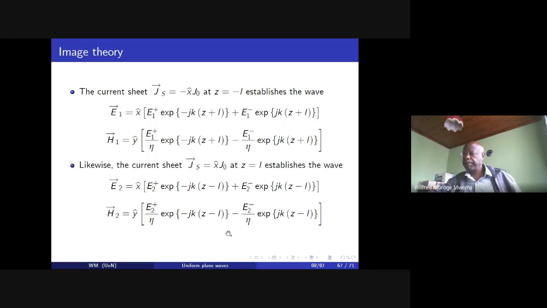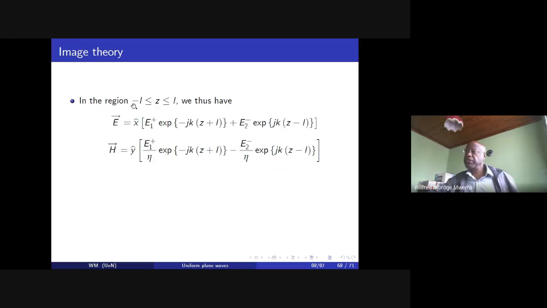And therefore, in the region between minus L and L, we have two waves: the wave component due to the image current source moving in the positive Z direction, plus the backward moving component of the wave generated by the actual current source at Z equal to L. And for the magnetic field intensity as well, we get that kind of equation there.